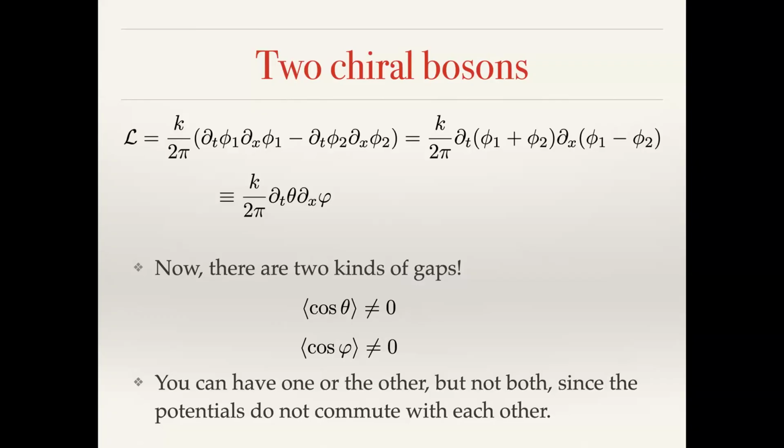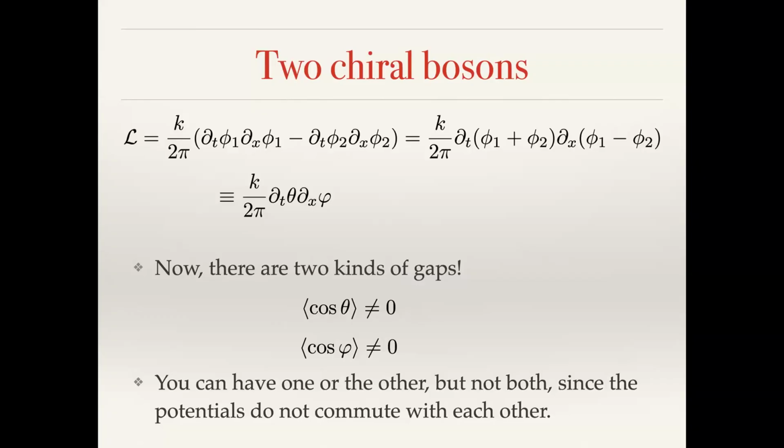And in this case, the field that is conjugate to the sum, which I'll call theta, is the difference, which I'll call phi. So now we can see that actually, theta now commutes with itself as you would like. And so you can put a cosine of theta term, and it can have an expectation value, and you can open up a theta type gap. Okay.